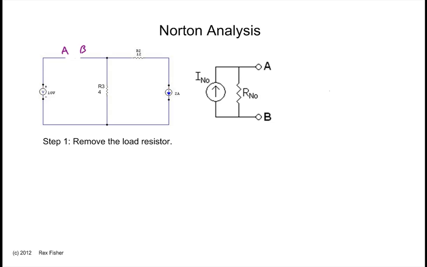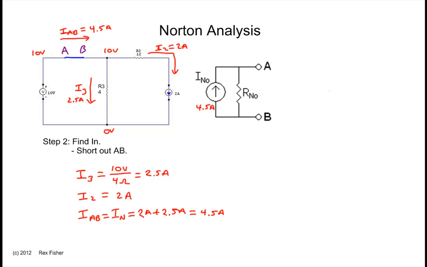Step 1 was to remove the load resistor. Step 2 was to short out the gap that was left by the load resistor and find the Norton current through it. In this case, the current flows from A to B and it's 4.5 amps.